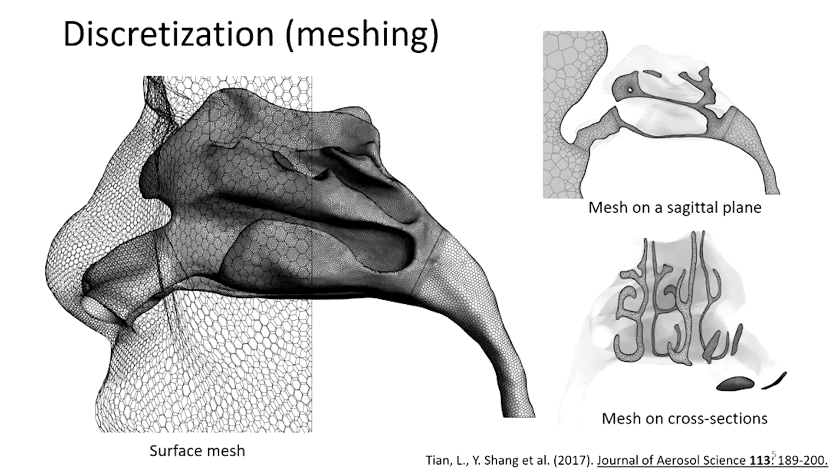And the last one shows some volume mesh on cross sections. You can see that the mesh aspect ratio and the skewness are quite low in this model, so as to guarantee a proper CFD simulation.